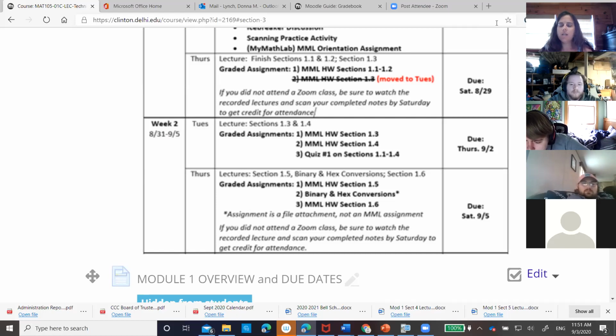Just scan it in. For section 1.6, I don't want to get too far behind, so I'm going to videotape myself doing that and upload the video by this evening. I want you to watch it before Tuesday and fill out the guided notes. I don't want the homework done by Tuesday. That homework won't be due until Thursday of next week. So when we come together on Tuesday, we're going to start with section 1.7, and I'll go over any questions you have on 1.6.